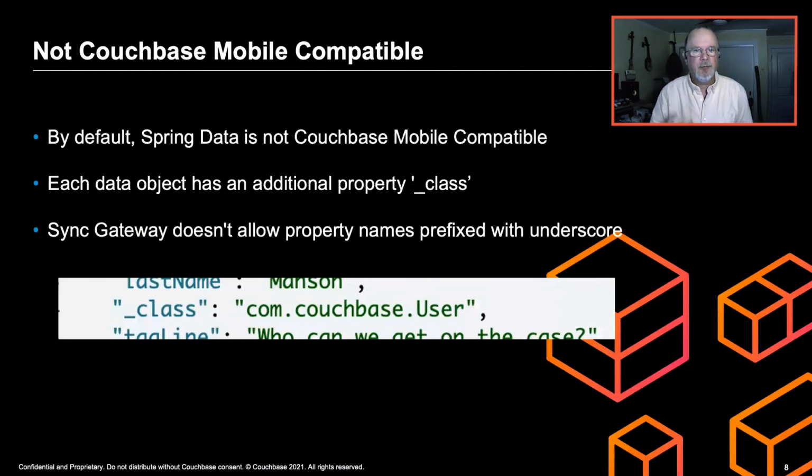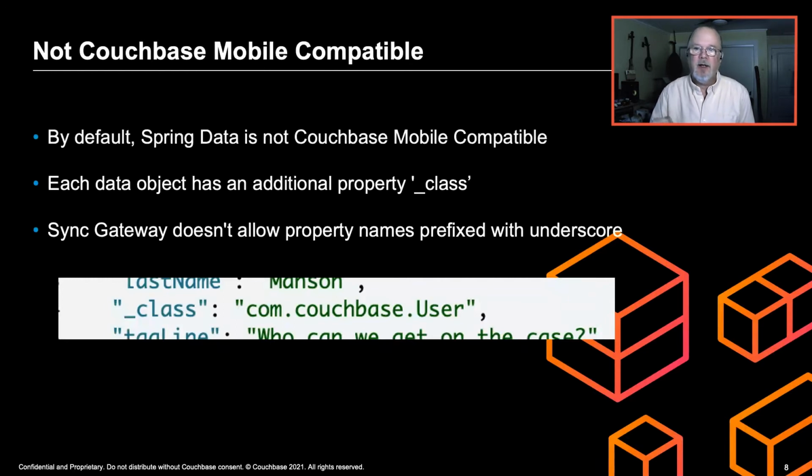It's because Spring Data automatically adds an additional property to your JSON documents, and this is the _class property. This property performs a couple of duties. One, it functions as your doc type property. So what is your document type for your JSON objects?